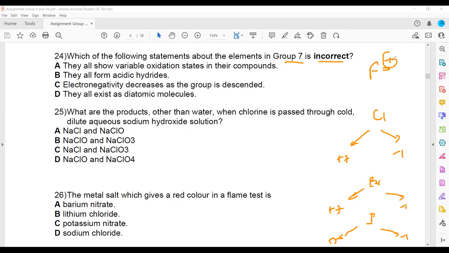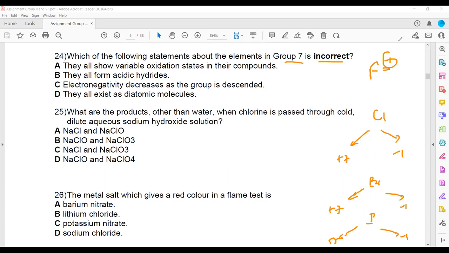That's why the oxidation state is always -1, because fluorine cannot have a positive oxidation state as it is the most electronegative element in the periodic table. It has a greater tendency to attract the shared pair of electrons, so it is impossible for fluorine to have a positive oxidation state.